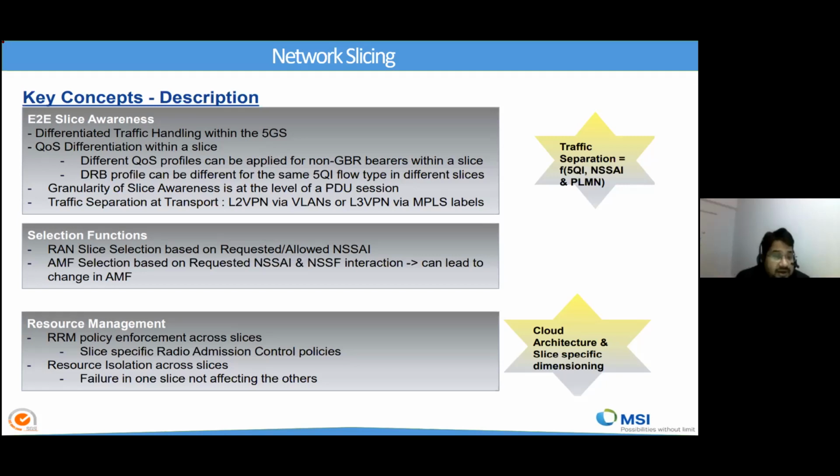The slice awareness will happen based on the different quality of service attributes which will be provided to the UE by some layer 3 messages when the UE tries to attach to the network.